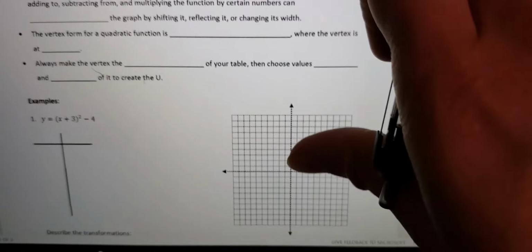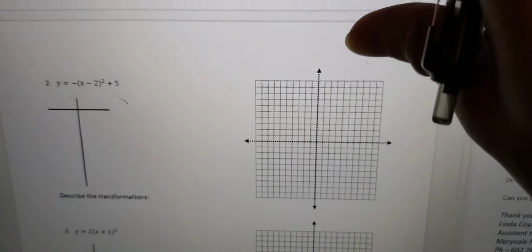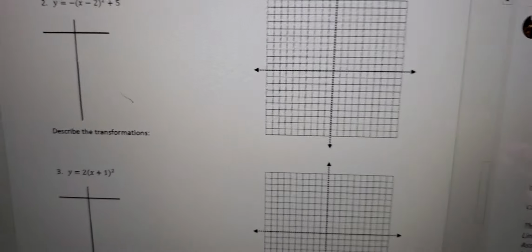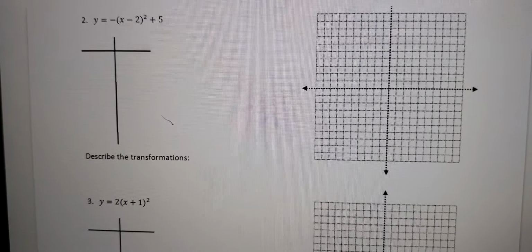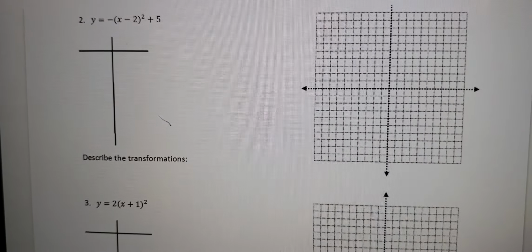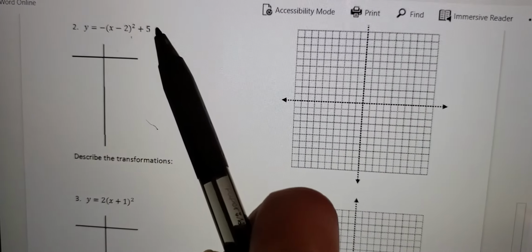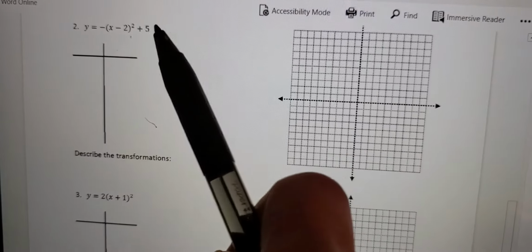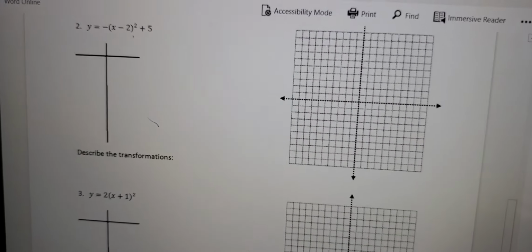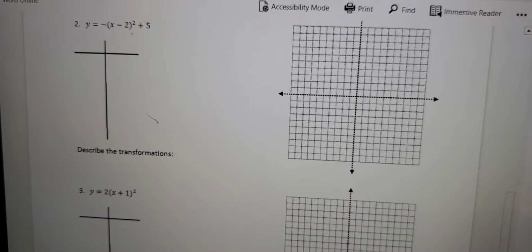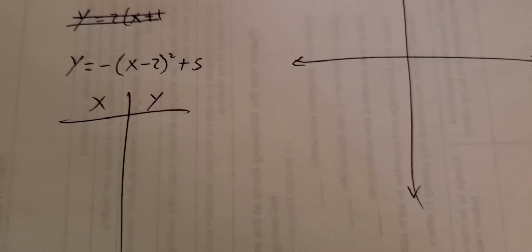Okay, let's go back to our sheet. We have an example here of a quadratic equation in vertex form. Notice that I have my values here, my negatives, and the squared. So this is a vertex function. Let's graph it.